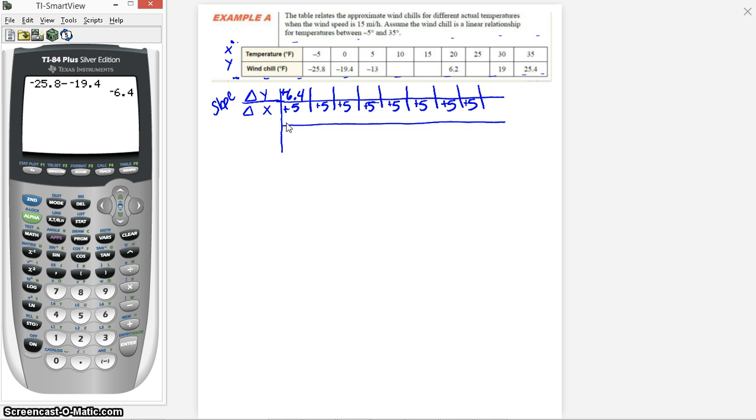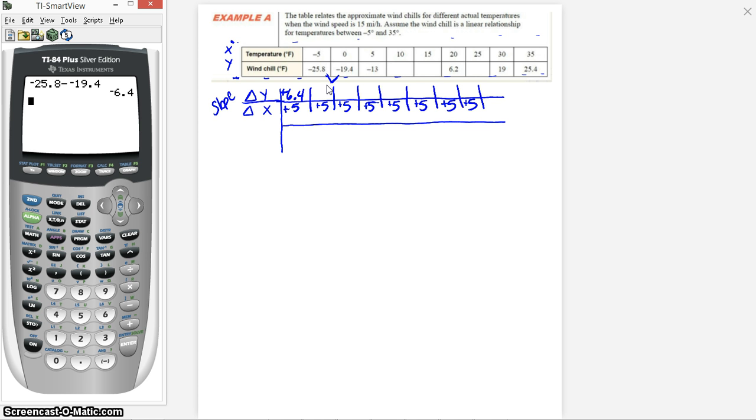When we do the subtraction, we get a negative number. However, it's still getting bigger. The numbers from here to here are actually getting bigger. -19.4 is a larger number than -25.8. So I had to make that a positive 6.4.